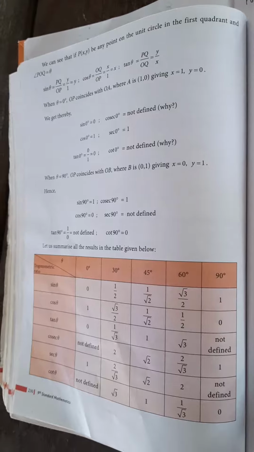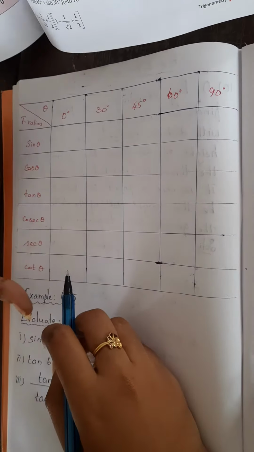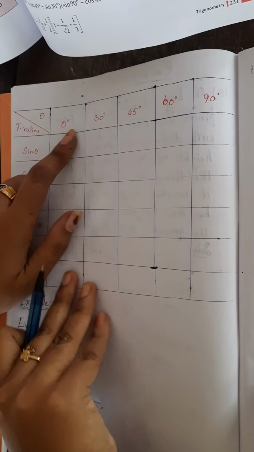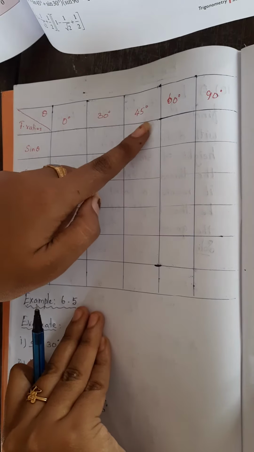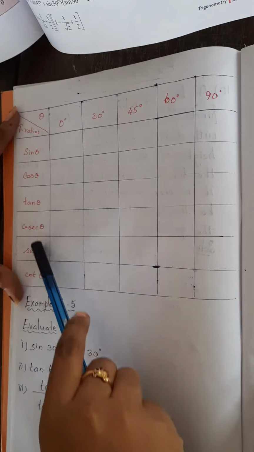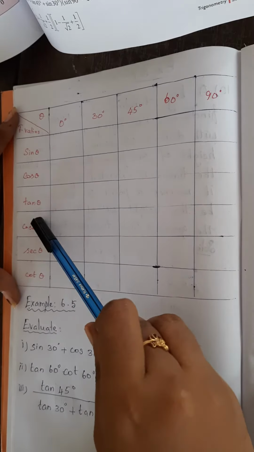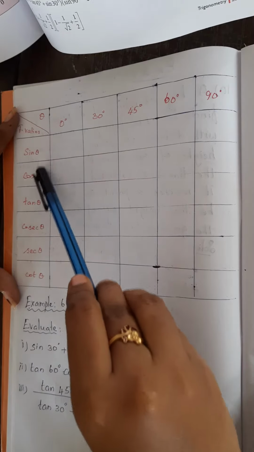Listen. The angles are 0 degree, 30 degree, 45 degree, 60 degree and 90 degree. Here you have the trigonometrical values sin theta, cos theta, tan theta, cosecant theta, secant theta and cot theta. I arranged it in the correct order.